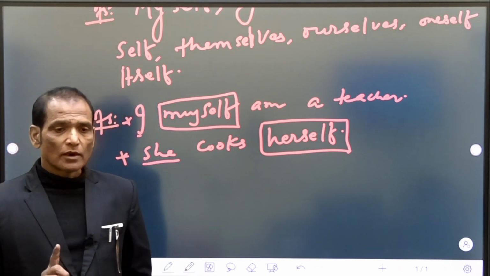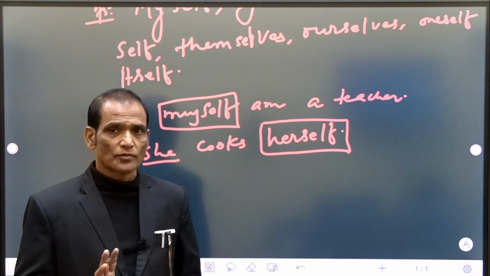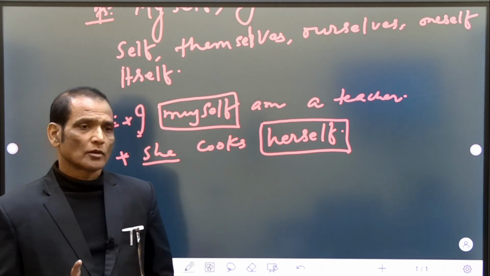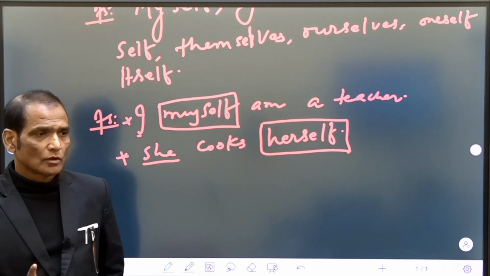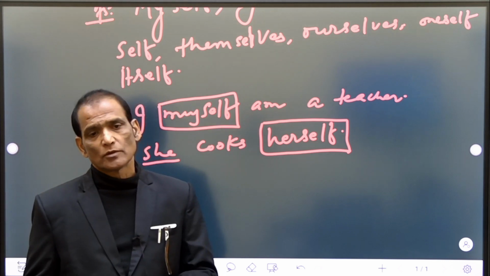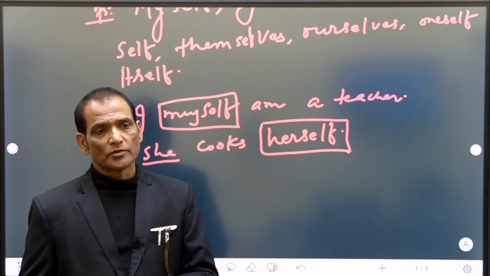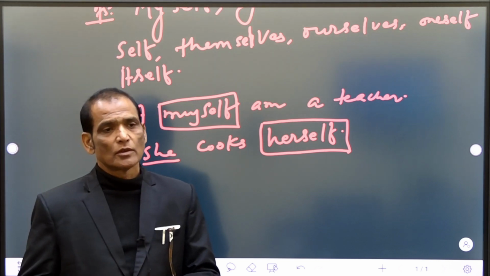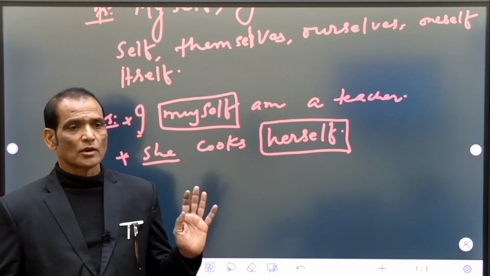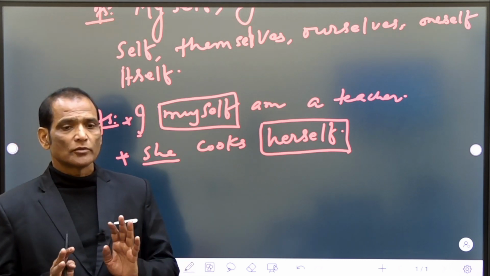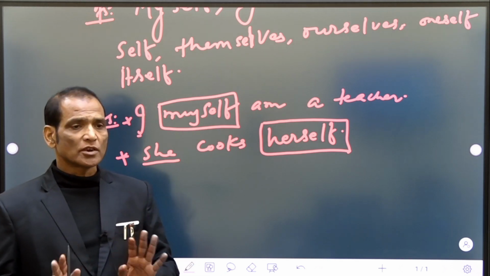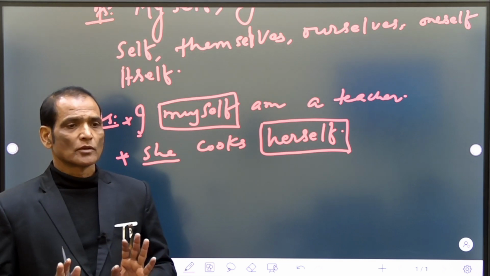Actually, a word is not a noun or pronoun just because of definition, but because of association. So a particular word can't be bound to a certain meaning or certain part of speech. It can be used in different ways. What you have read in your grammar book about kinds of pronouns, you don't need to remember those.